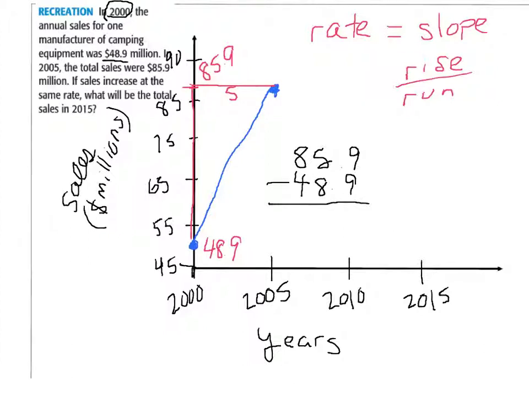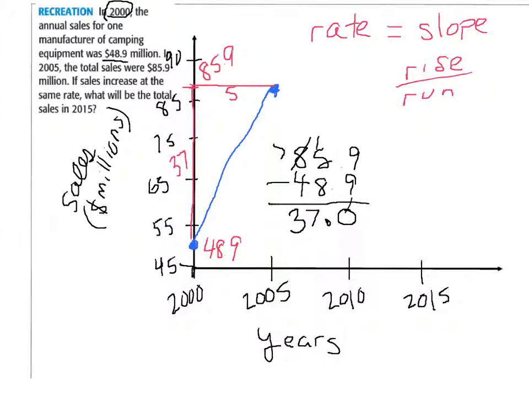Line up your decimal points. 9 minus 9 is 0. I have to borrow from my 8. So that would be 7. 15 minus 8 is 7. And then 7 minus 4 is 3. So I had a change of 37 million, or a rise of 37 million over that period of time.